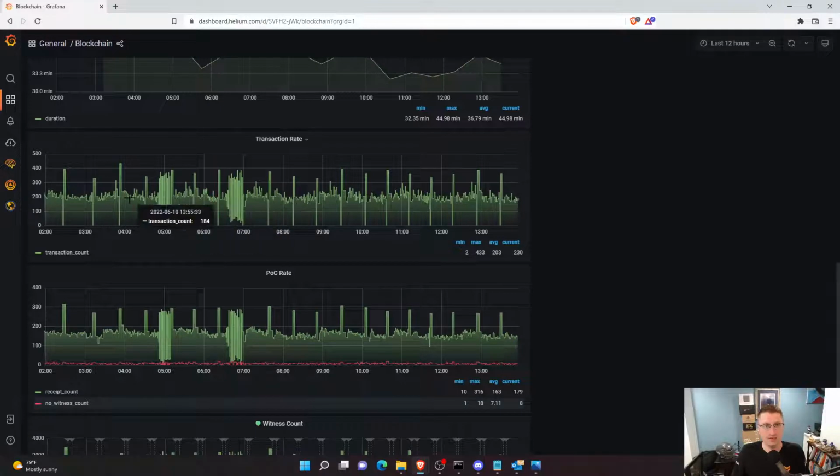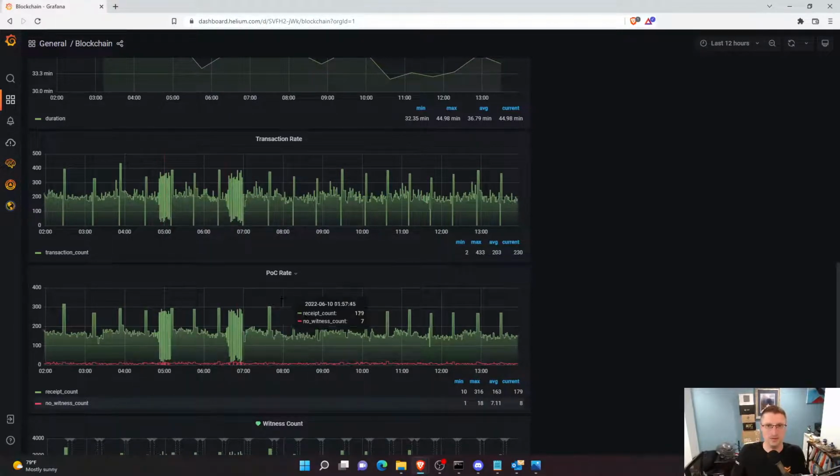Transaction rates, you can see some weird behavior in here. I'm not sure all of what this does, but then the fact that POC rates changed in here as well. I'm guessing that these were some small tests to see if it was working. If it didn't work, if the network started sucking really bad, then they would pull it.